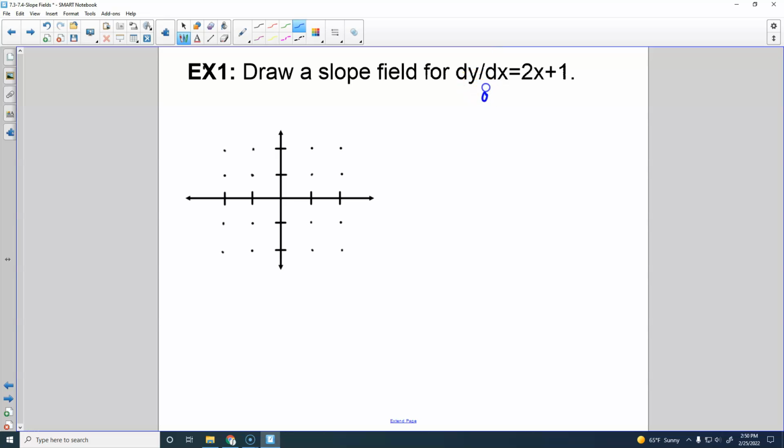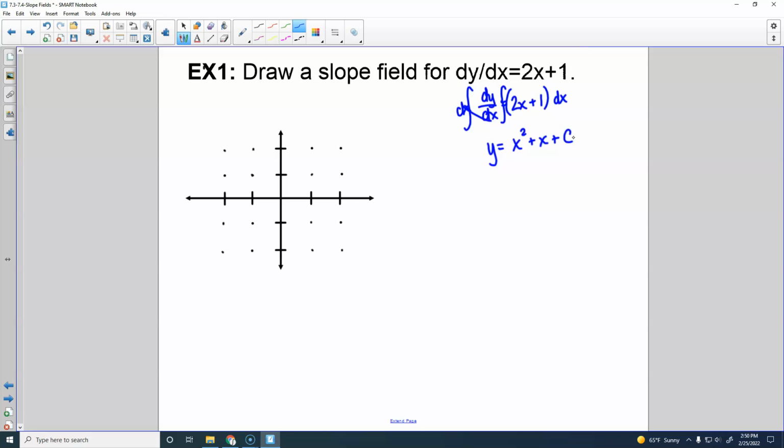So to do that, the dx has to be over here. That's kind of a formality there. And you would integrate both sides. So the solution to this should be x squared plus x plus c. All right, so we do know how to solve that one.